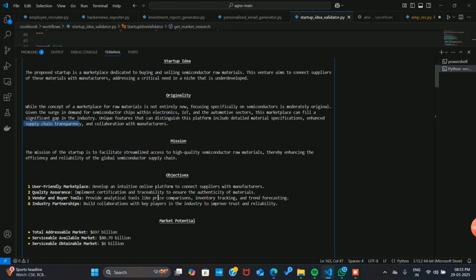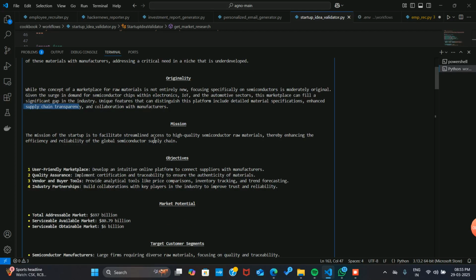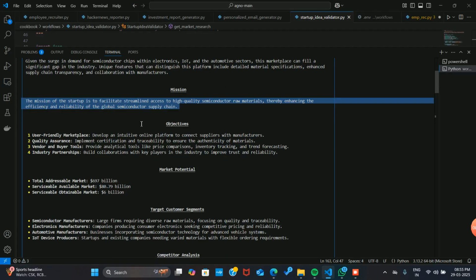All right, so we come to mission now. The mission of the startup is to facilitate streamlined access to high quality semiconductor raw materials, thereby enhancing the efficiency and reliability of the global semiconductor supply chain. This could become huge if it got big investments.